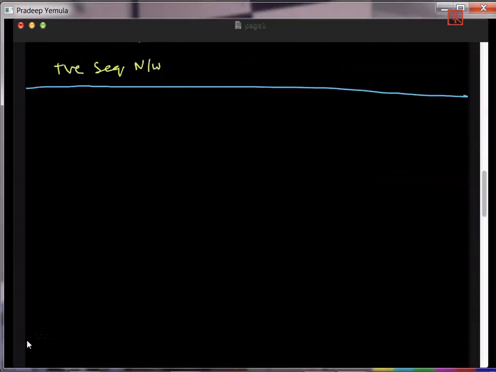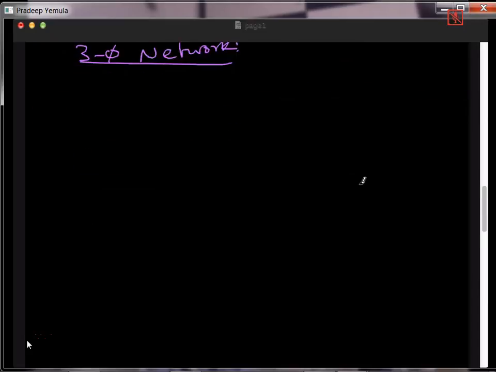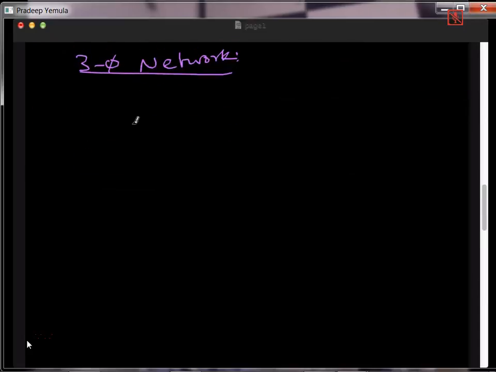Okay. Now let's talk about the second case, that is the generator. So what is a three-phase network? The three-phase network for a generator is something like this. There is an EMF and then there is an impedance.